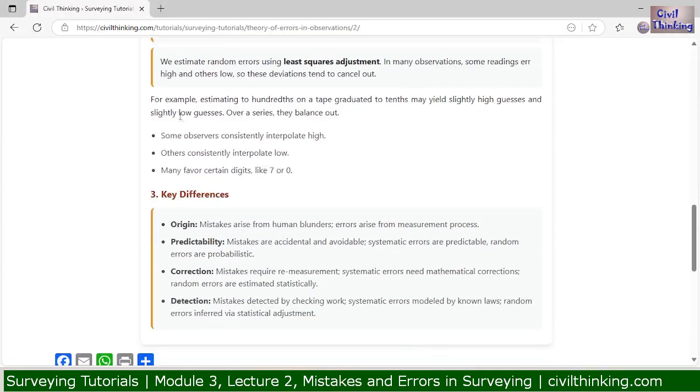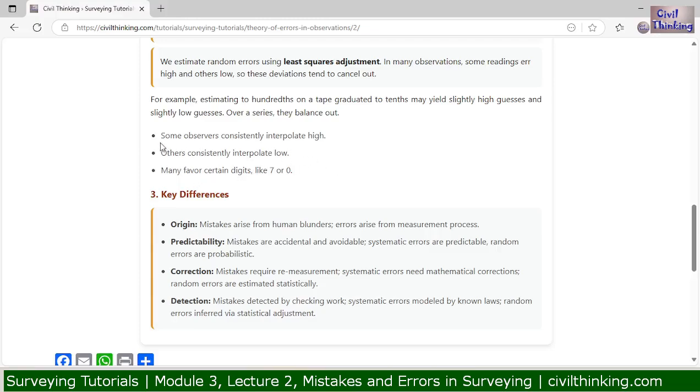So this is what is written here. Estimating to hundredths on a graduated scale may yield slightly higher guesses and slightly lower guesses. Over a series they balance out, meaning they cancel out. Because some are high and some are low, overall they don't accumulate, or they accumulate only slightly. Now some observers constantly interpolate high, others constantly interpolate low.